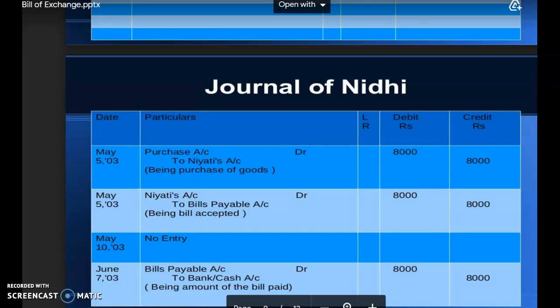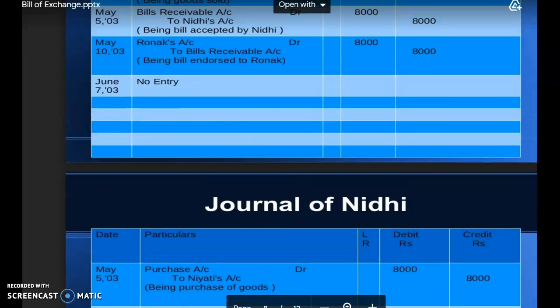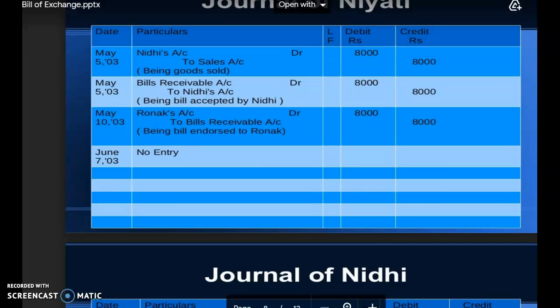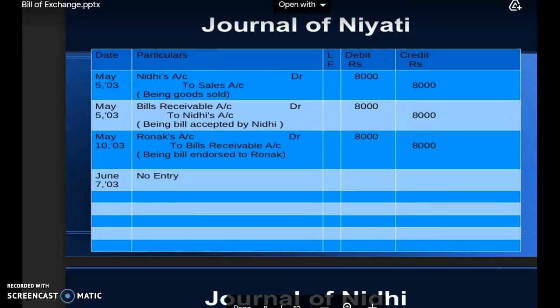For Nidhi, Neti is her creditor to whom she has to make the payment, and bills payable is a liability through which the payment is to be made. Now, with reference to the important terms relating to the endorsement, in the books of Neti, Neti has endorsed or transferred the bill in favor of her creditor Ronak.